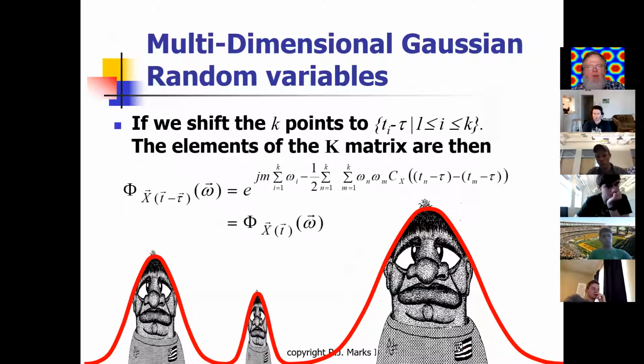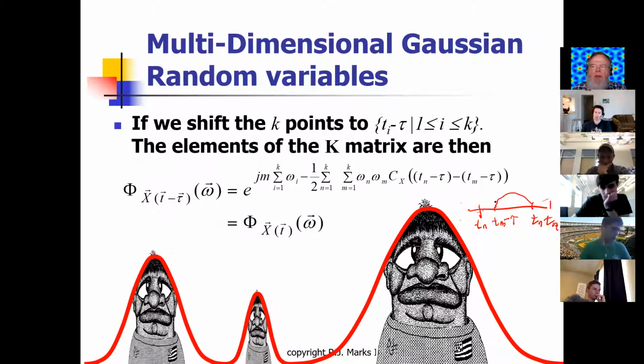If we shift these 2 points, say, for example, we're looking at T sub n and T sub m, and we shift them backwards by tau, and these are points, of course, on the stochastic process.